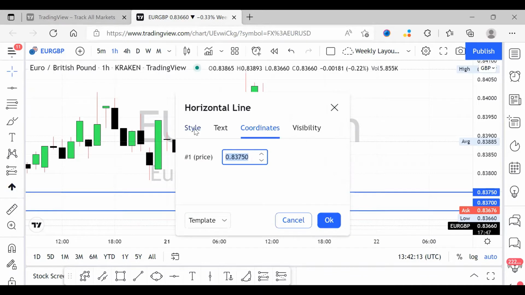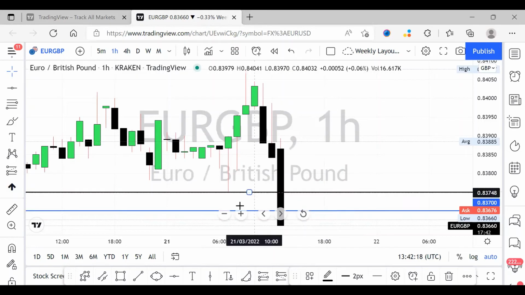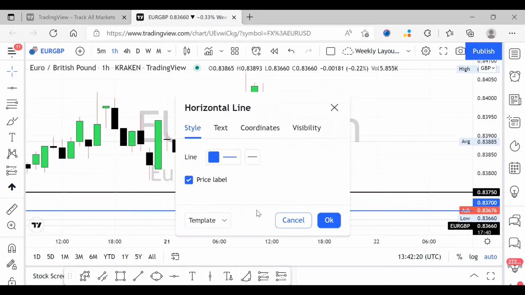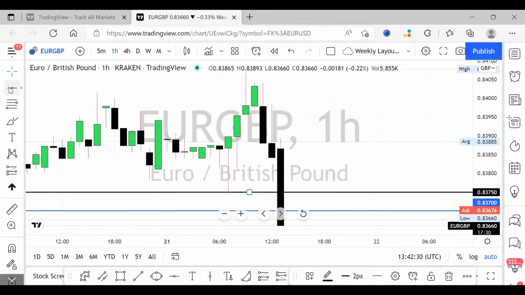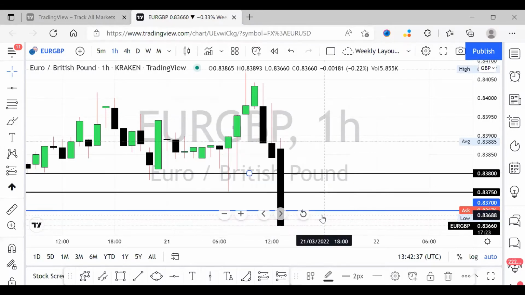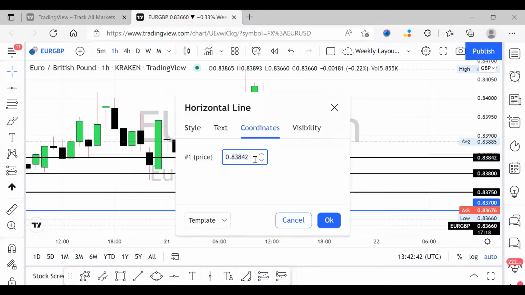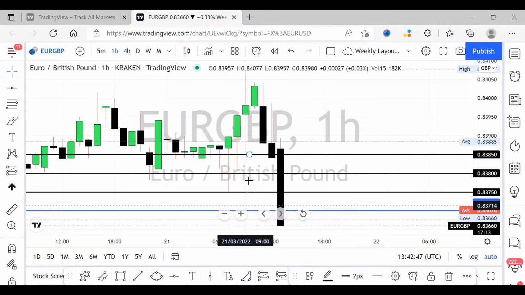This time we're going to change the color so that it makes it easier for you to understand what's really going on. So here the coordinates is 700, that's 750. Each time we're going up by 50. Mark another one, 83800, 83850.